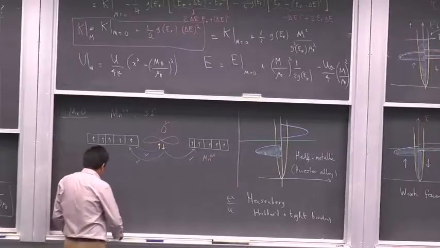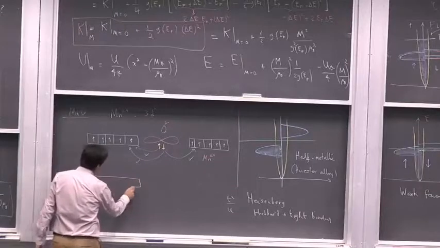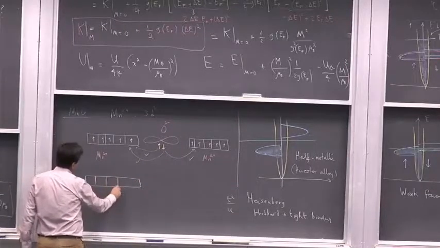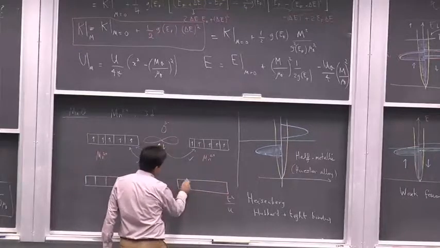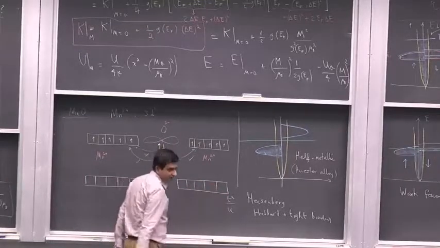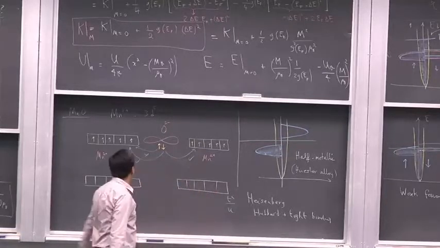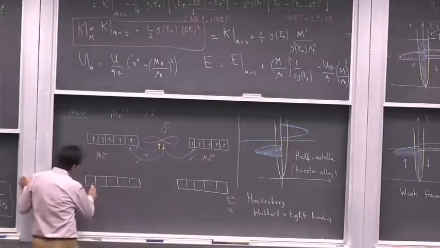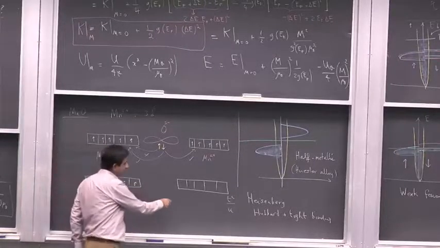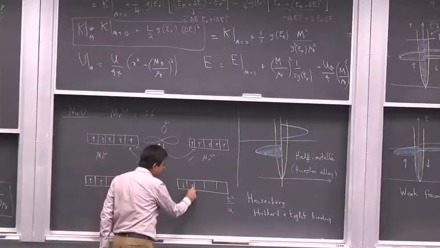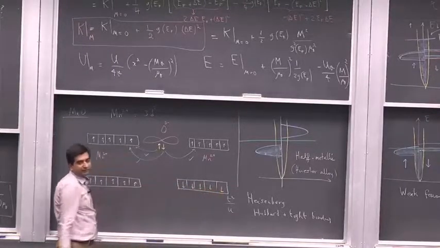Now let's consider the opposite configuration. We have two manganese ions, 1, 2, 3, 4, 5. Once again we have the same parallel alignment inside the manganese, but you assume that this one is anti-parallel with respect to this one.